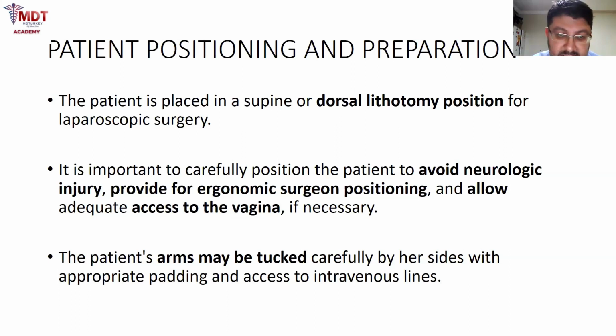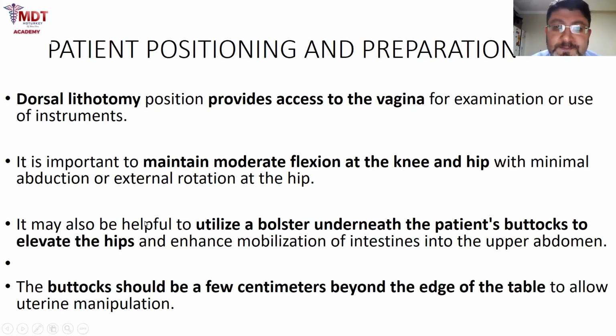Another trick in this surgery is to tuck the arms of the patient beside her sides, which makes the surgery simpler for the surgeon. Of course, the dorsal lithotomy position provides access to the vagina.